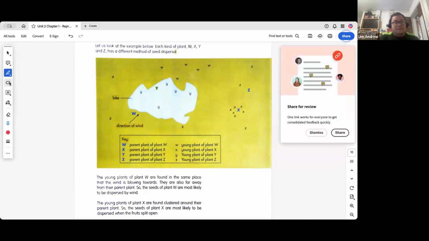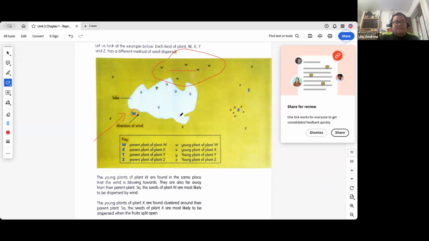So we can know that these are being dispersed by the wind because the wind direction goes this way, and also it's the furthest from the parent plant. Therefore, we can say that plant W is most likely dispersed by the wind because only wind can carry them from this direction all the way to here.